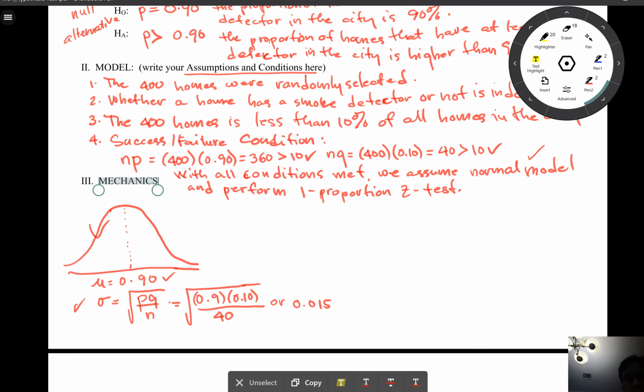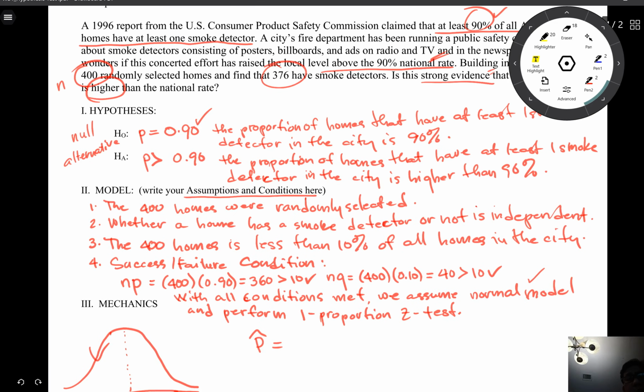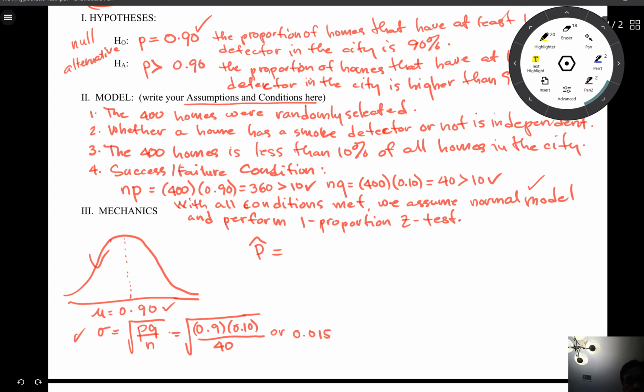The next step is the data value. Okay, and our data value is the P hat. And if you notice, we are not given the percent here. We have to compute it. It's 376 out of 400.